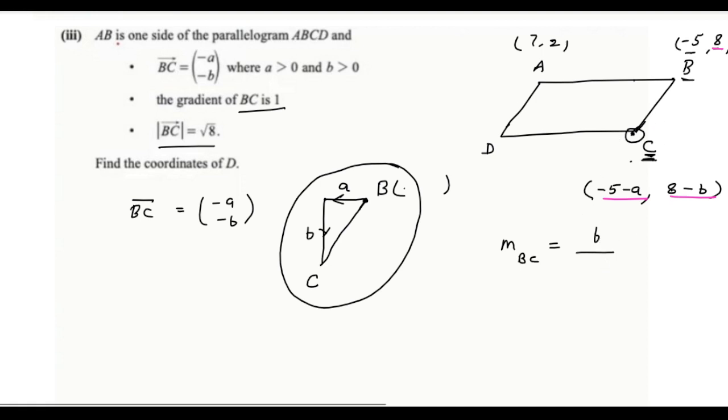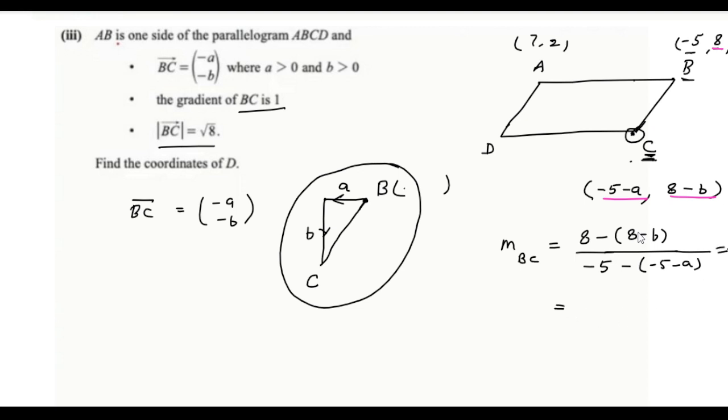It is 8 minus, in bracket, 8 minus B, and here the denominator will be -5 minus, in bracket, -5 minus A. This is simply y2 minus y1 upon x2 minus x1.